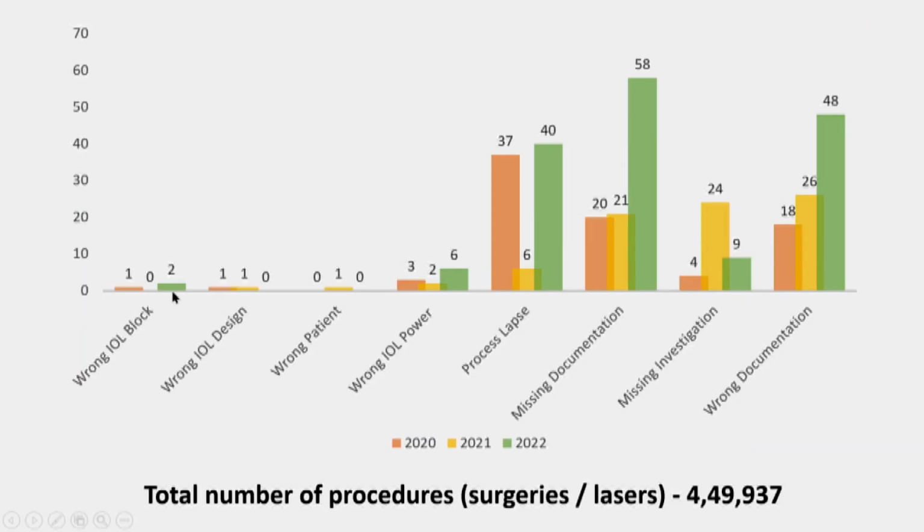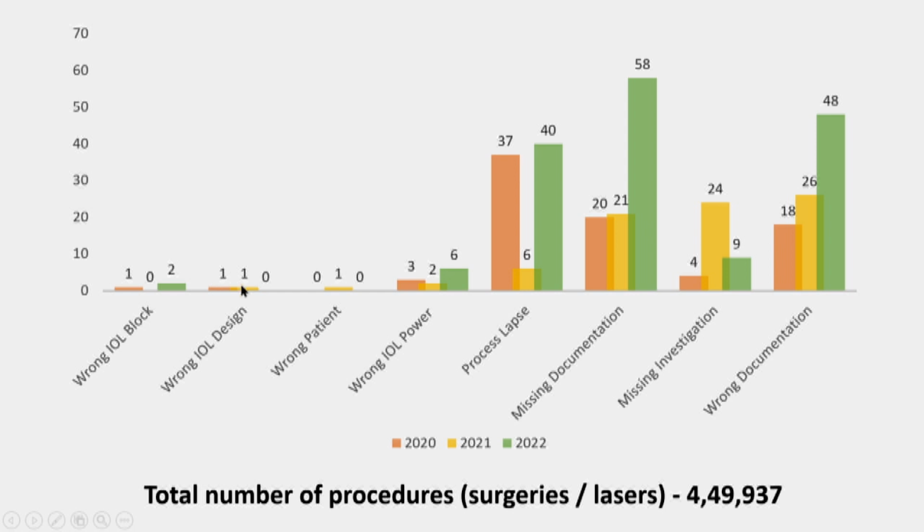This gives the data for 2020, 2021, and 2022. Wrong eye block was in one patient in 2020 and nothing in 2021, and last year we had 2 patients.